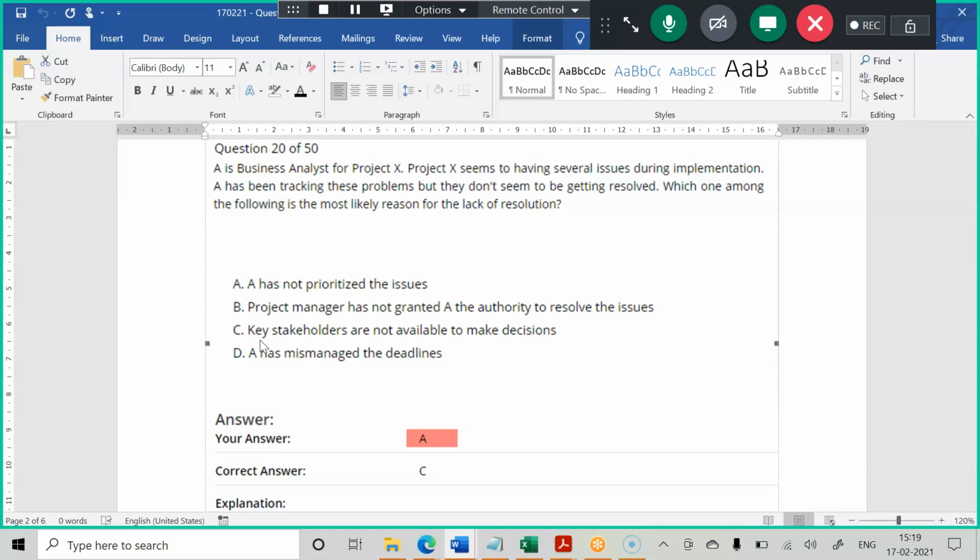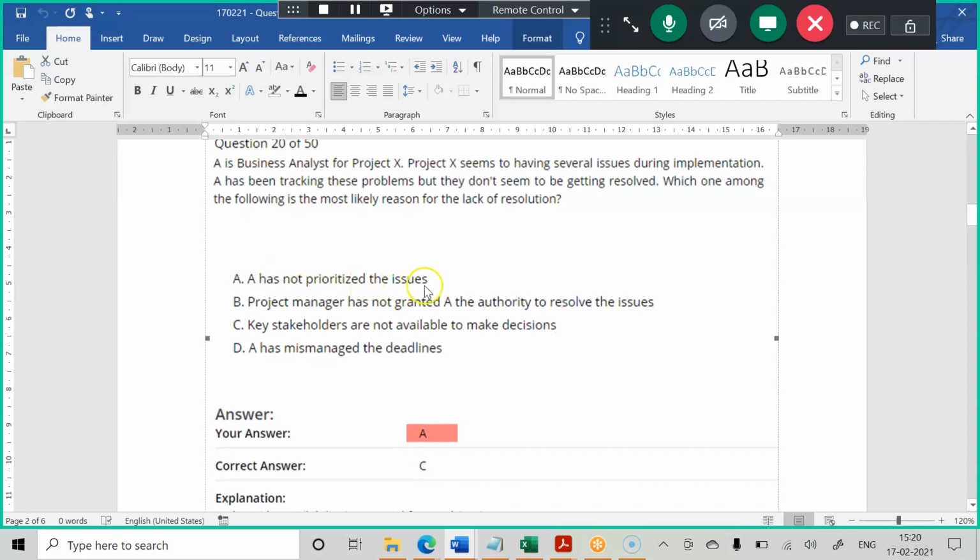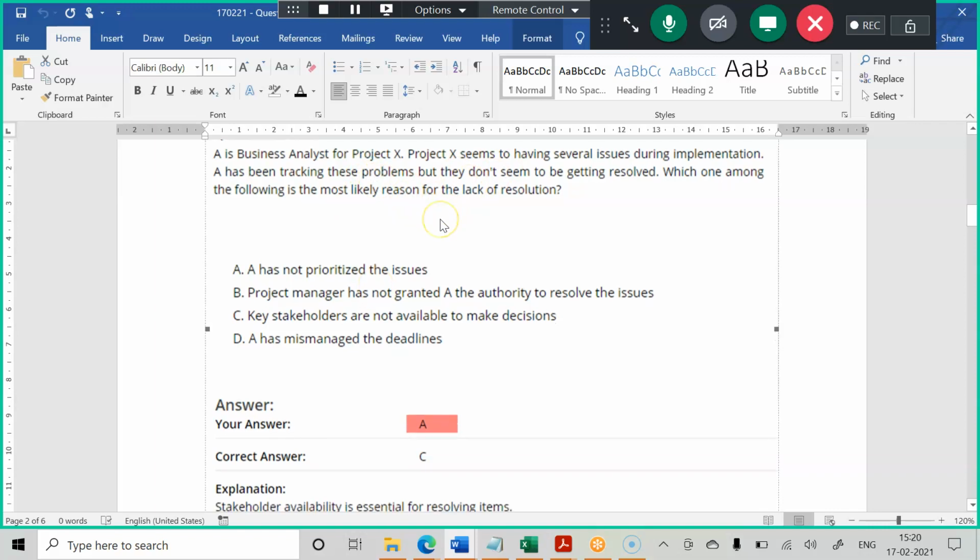Even I feel answer C is the reason, but we may take another look to see if any detail needs to be added so that you can narrow down to the answer. But I don't think it is because of lack of prioritization, because these are being tracked.